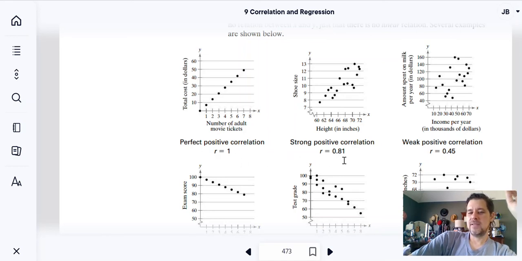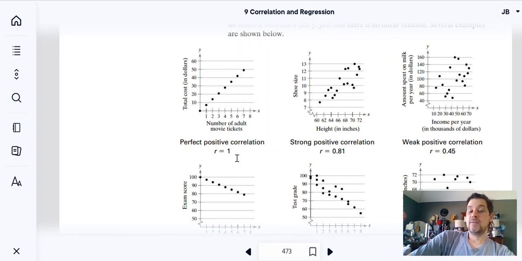If it's scattered a little bit from a straight line, we'll get R somewhat less than that, like 0.81. If they're scattered even more, it goes down from there. So the correlation coefficient measures how tight the formation of points is in a line. The closer it is to 1, the tighter the formation is into a line on a graph.